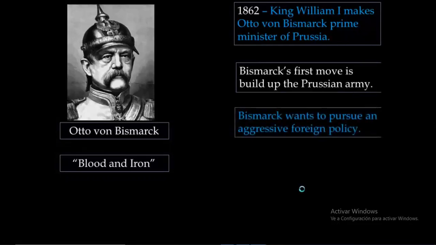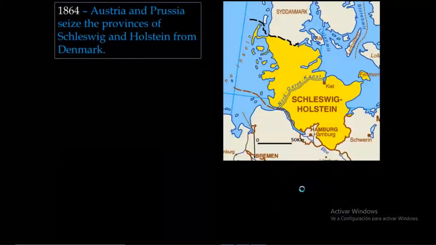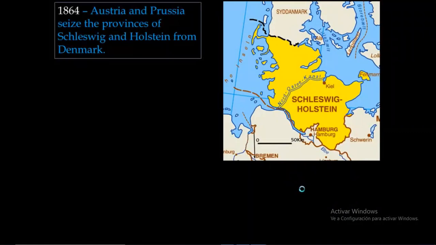And he wants to pursue what we would call an aggressive foreign policy, meaning he is going to start a few wars in order to expand the German Empire. These wars are going to be with Denmark first, then Austria, and then France. So, in 1864, Austria and Prussia actually kind of become allies, and they're going to go to war with Denmark and seize the provinces of Schleswig and Holstein, which are located just north of Germany.